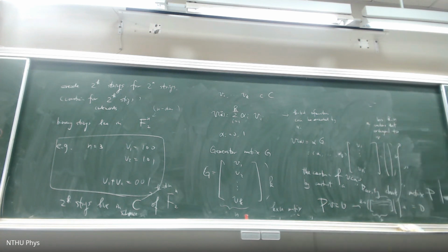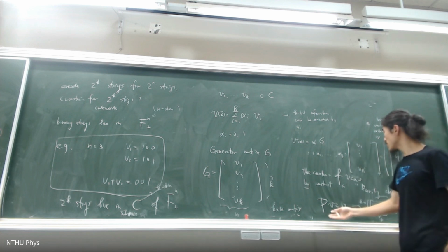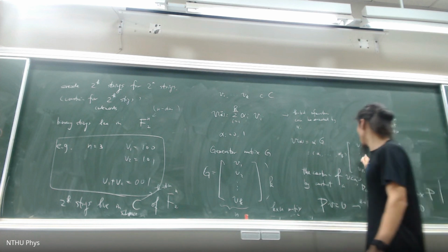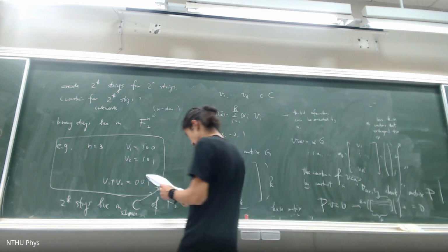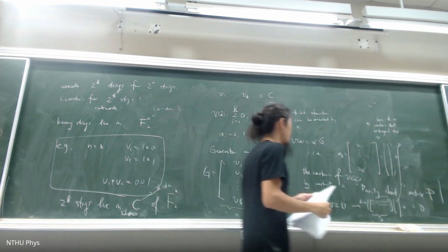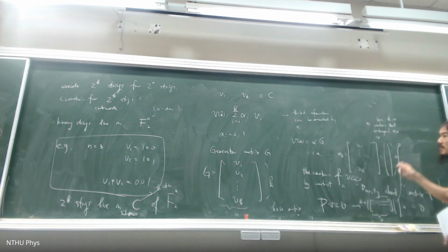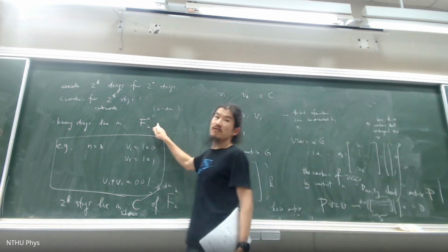So this is a constraint. I want to have a constraint on this V by a set of vectors that are orthogonal to this V. That's the idea. This orthogonality is with respect to the vector space F2.